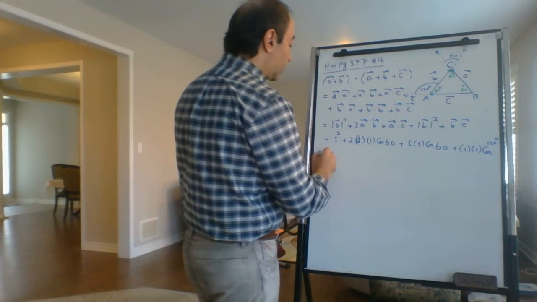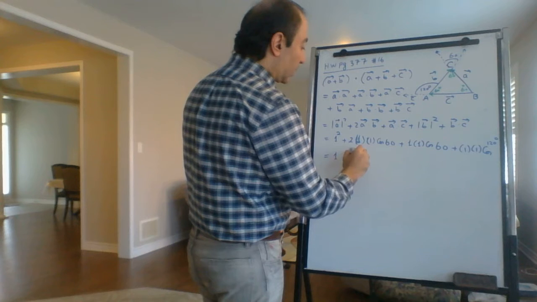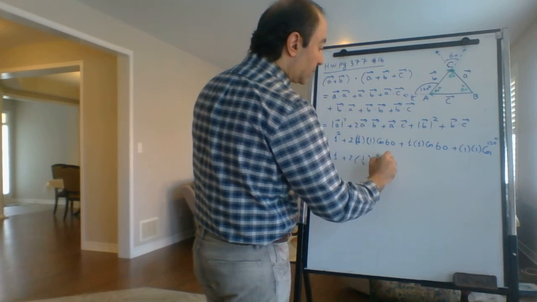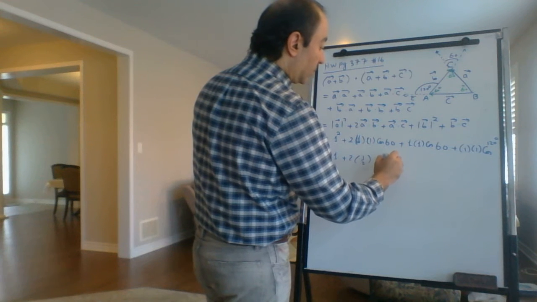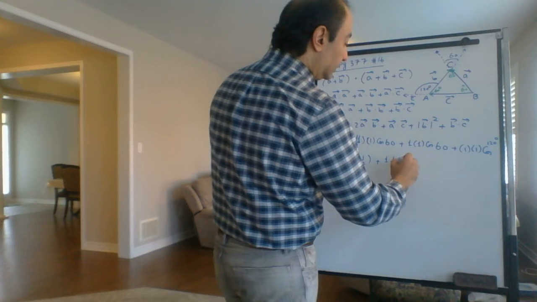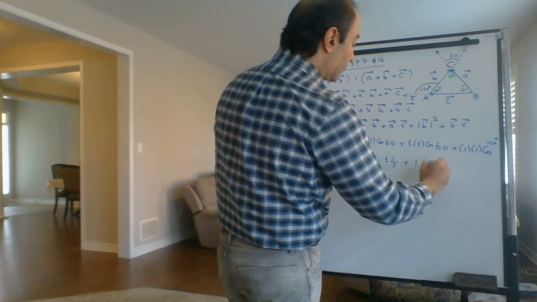Now we are done, we can start to calculate this. This is 1 plus 2 times cosine 60, which is 1/2, plus 1 times cosine 60, which is 1/2, plus 1 times cosine 120, which is negative 1/2.